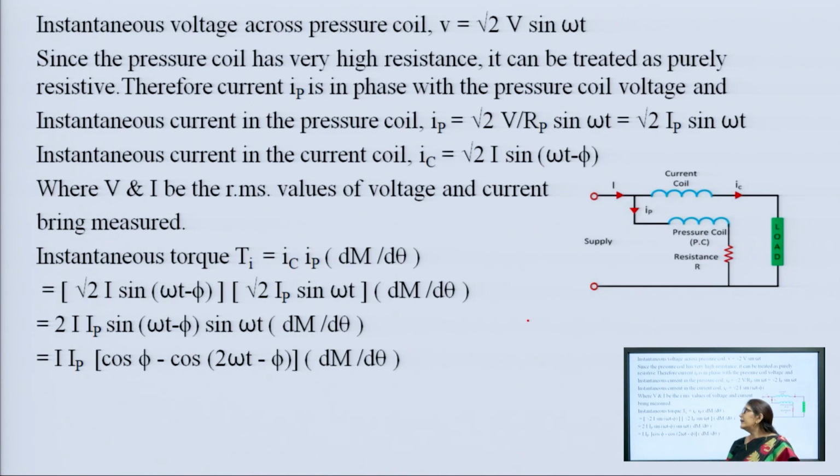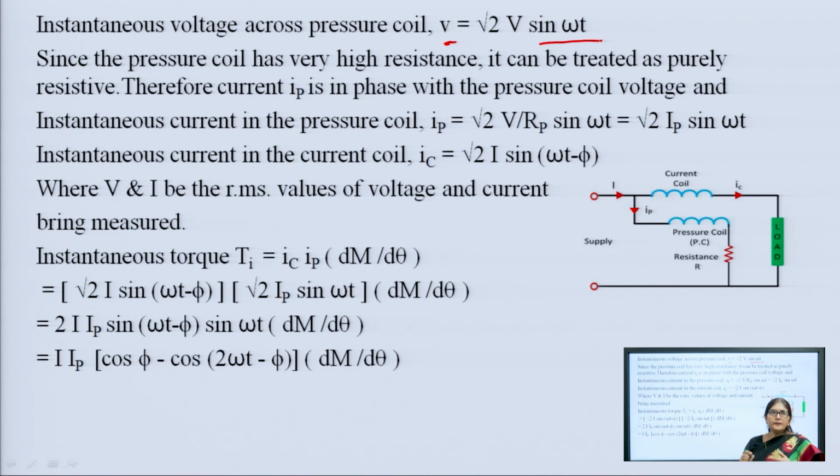So, now the instantaneous voltage across the pressure coil is v equal to root 2 V sin omega t, because it is the instantaneous voltage. So, it is root 2 into V, the maximum value. Since we have applied a sinusoidal waveform, it is V sin omega t.